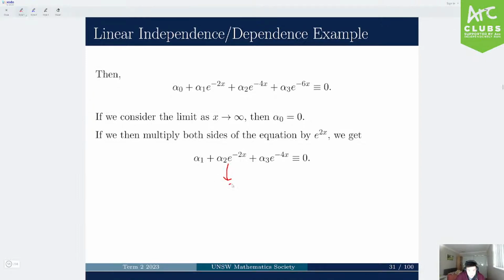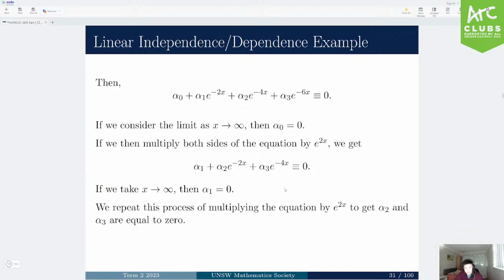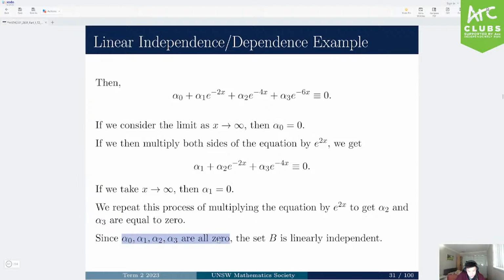This goes to 0, and this also goes to 0, which means that alpha 1 is also equal to 0. You can imagine we keep repeating this process: multiply the equation again by e to the 2x to get alpha 2 and alpha 3. They're also going to be equal to 0. Since all of the scalars are equal to 0, that tells you that set B is linearly independent.